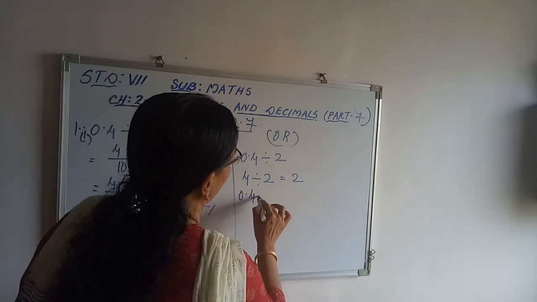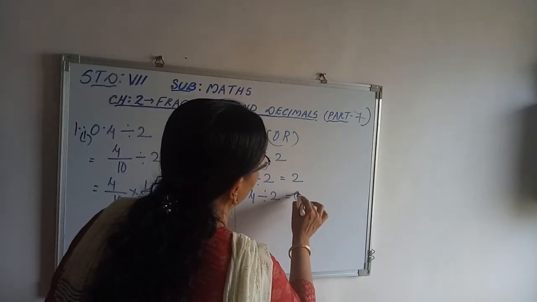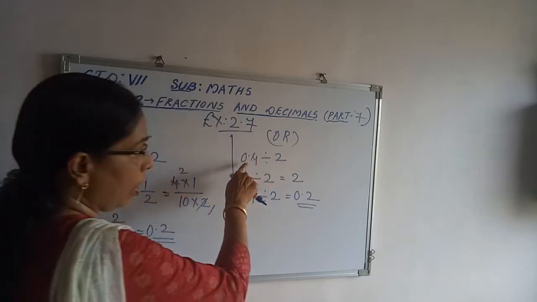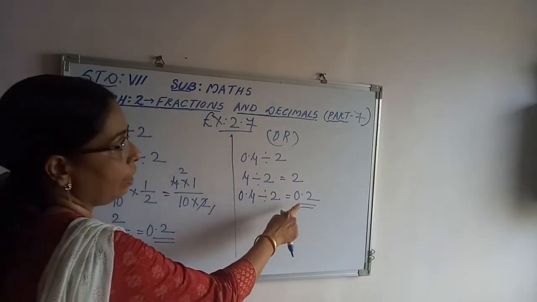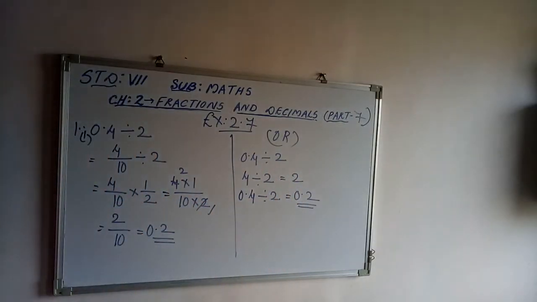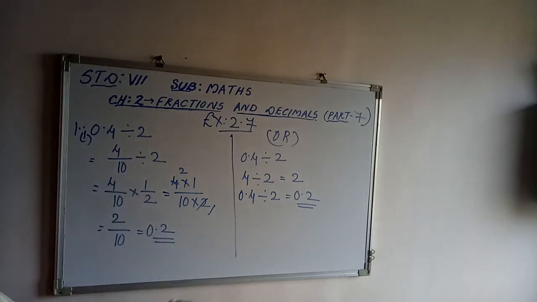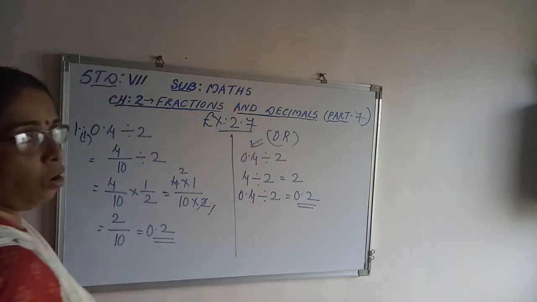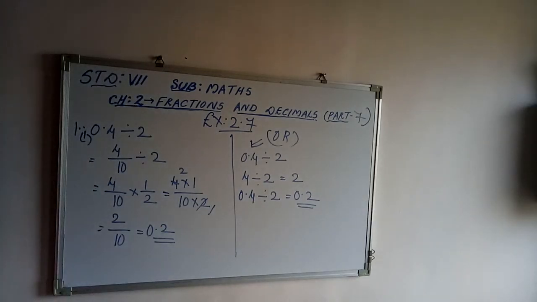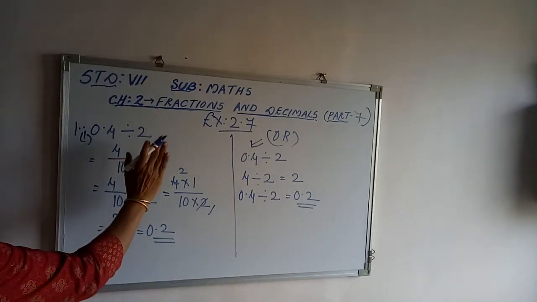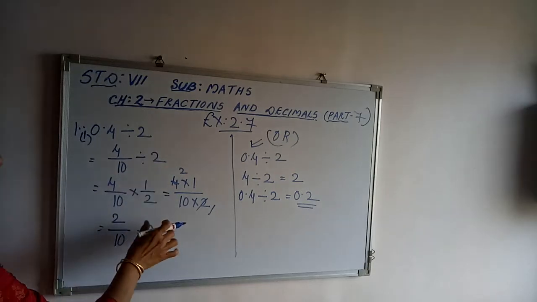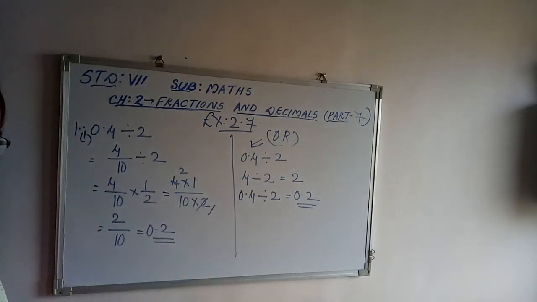So 0.4 divided by 2 is equal to 0.2. Count the number of decimal places and give it in the quotient. Is that clear? So here I am going to follow this method of division. So this method also you keep it in mind. This is a little lengthy, but this method you can do very easily.